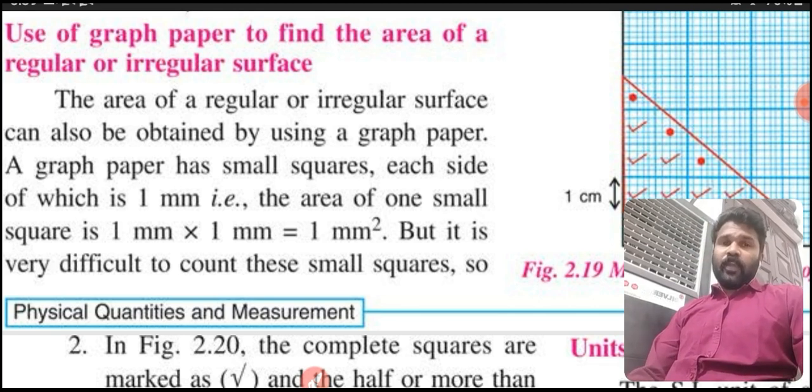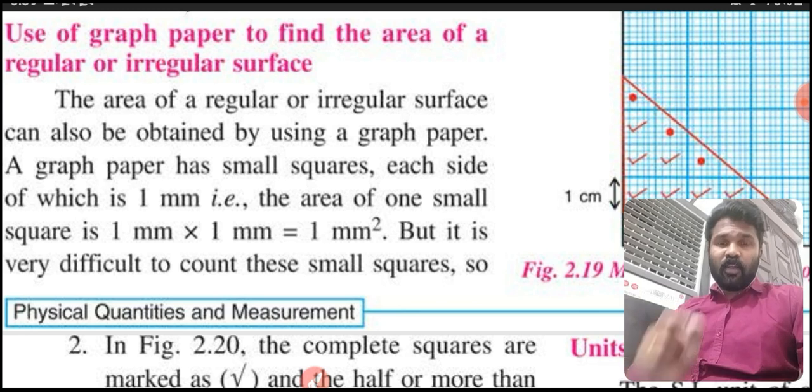We know that a graph paper has small squares. You have seen the graph paper maybe. A graph paper has small squares, each side of which is 1 millimeter.